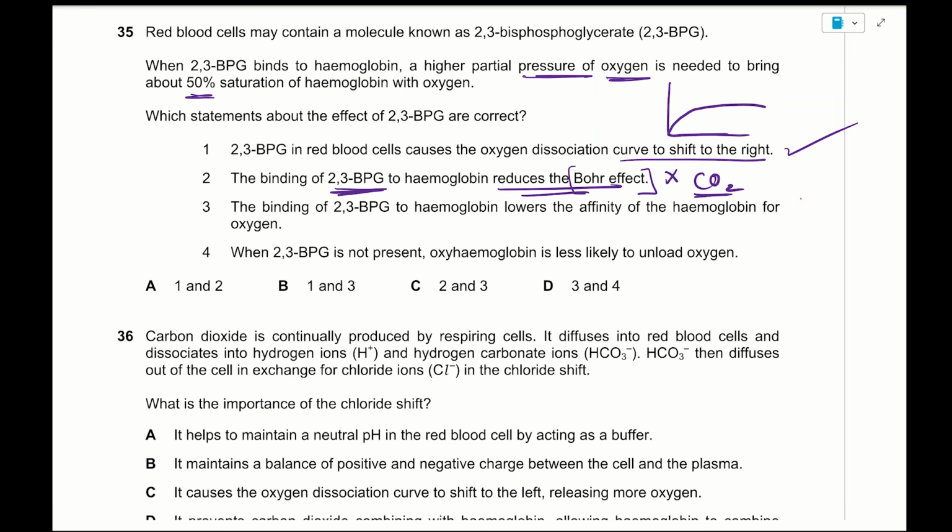So first of all, this is incorrect because when we talk about the Bohr effect, we talk about the carbon dioxide concentration. Second of all, if we assumed that the affinity of hemoglobin to oxygen actually decreased, it would actually increase the Bohr effect, not reduce it. Therefore, it's wrong in both ways.